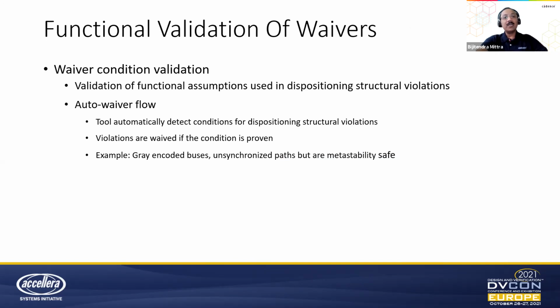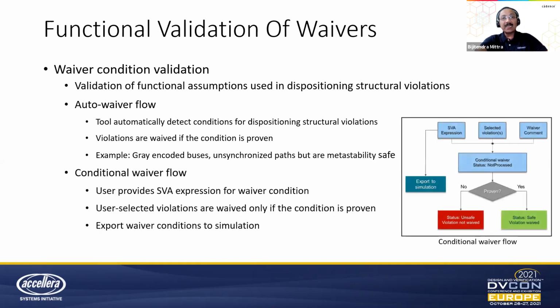When you do that, JasperGold is capable of generating or identifying such conditions under which you can automatically waive certain violations if those conditions are proven to be valid. Some examples could be that buses are gray coded, or there is a CDC crossing but it's metastability safe because it cannot be sensitized.